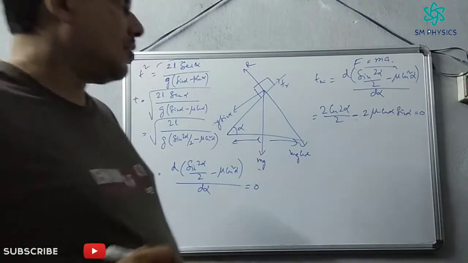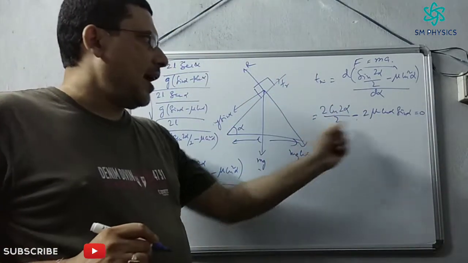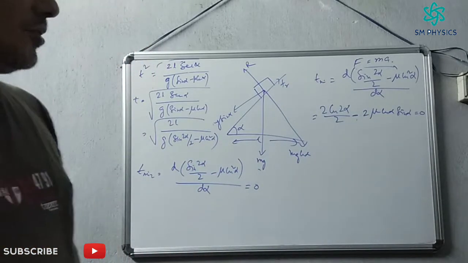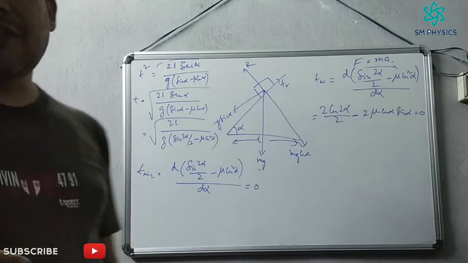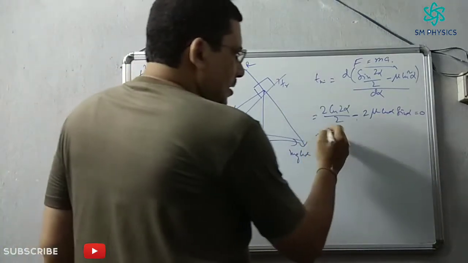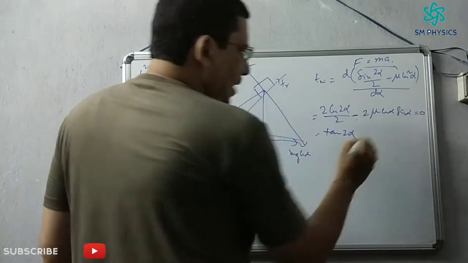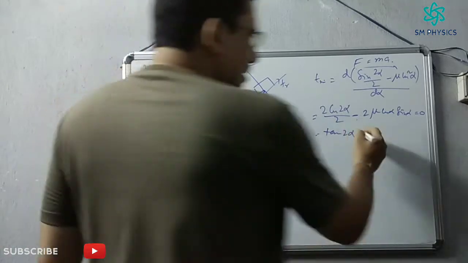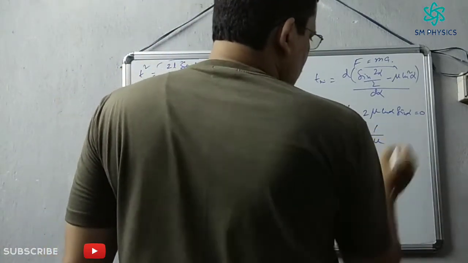So I differentiate it and get 2 cos 2 alpha by 2 minus 2 mu cos alpha sin alpha equals 0. That means tan 2 alpha equals 1 by mu.